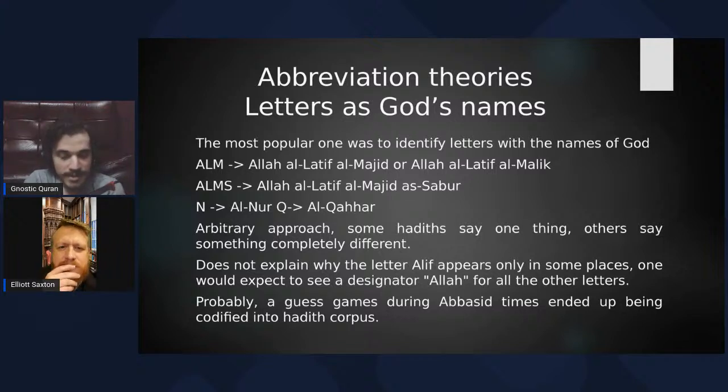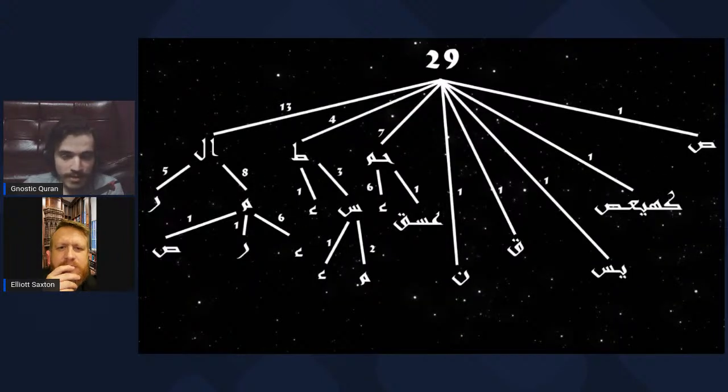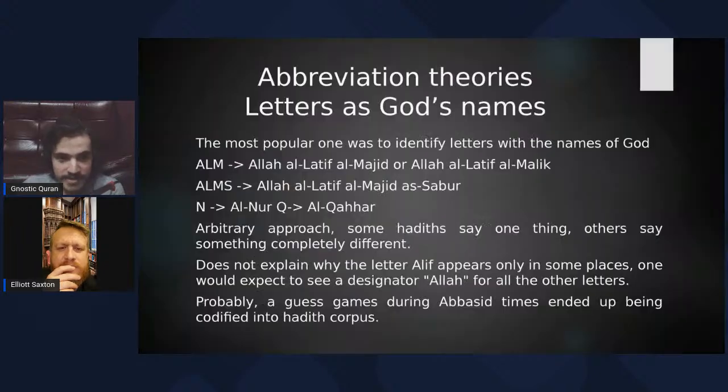Why would God's name itself, and we can speculate whether it's the name Allah or simply the term for God, not appear with the letter qaf or the letter nun? That's just part of the inconsistency of this method, and to be fair, they were just guessing games which ended up being codified within the corpus of the Hadith traditions.